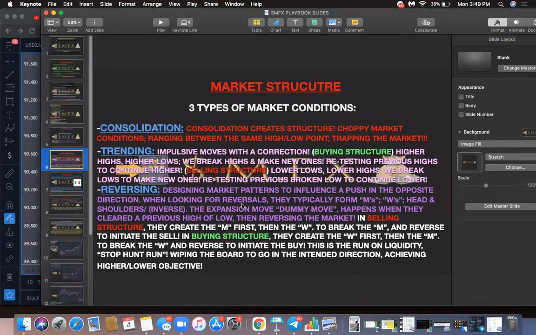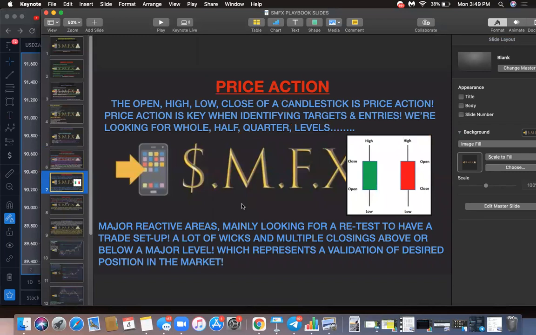Lesson number 2 was on price action: the anatomy of a candlestick and the play on whole, half, and quarter levels when it comes to these candlesticks forming and where to look for a specific retest.